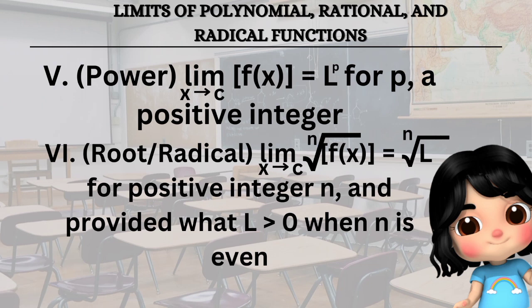Limit of f of x as x approaches C is equal to L raised to P, a positive integer. Root or radical. Limit of nth root of f of x as x approaches C is equal to nth root of L for positive integer n, provided that L is greater than 0 when n is even. Let's proceed to the examples.